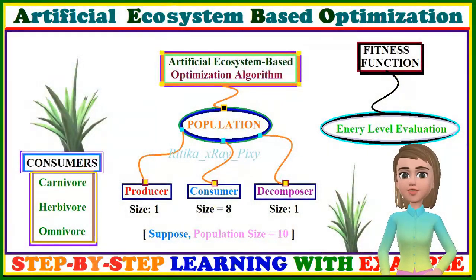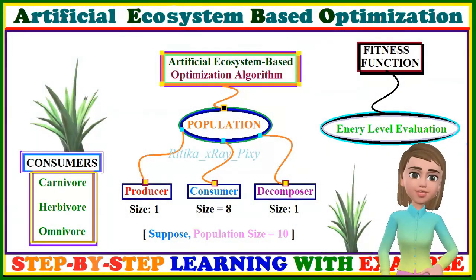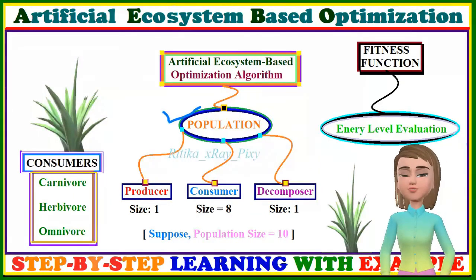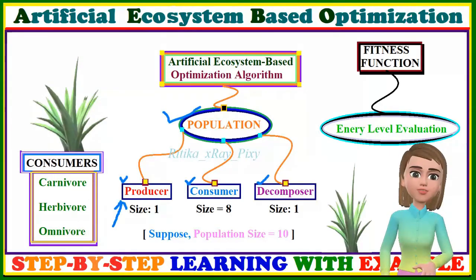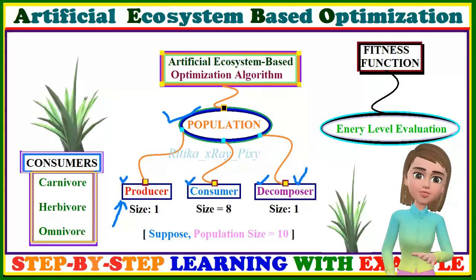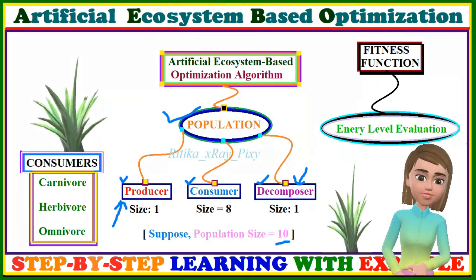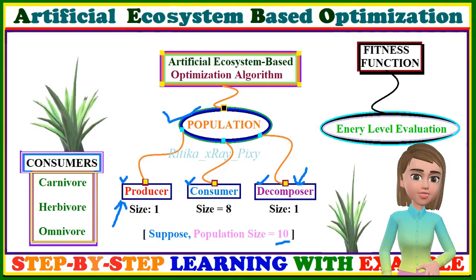For example, you can see here in this algorithm we have a population, and in the population we have producer, consumer, and decomposer. In this algorithm we have only one producer and one decomposer. For example, if we have 10 individuals in the population, we have one producer, 1 decomposer, and 8 consumers.